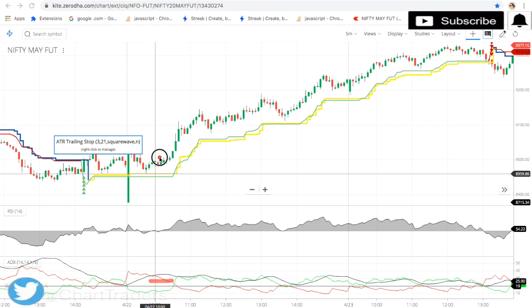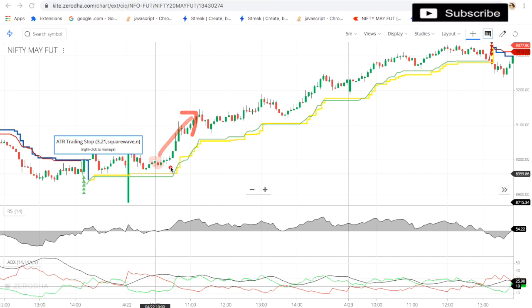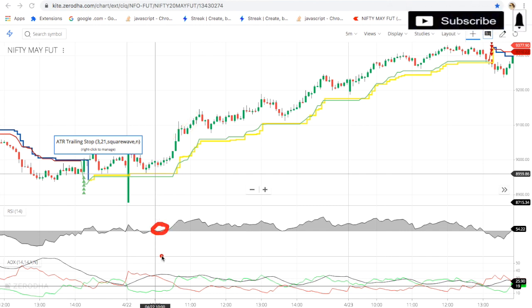So here we are going to buy within this area, and then we have a strong rally. This is our main entry point. When this crossover happens, we are going to buy, and at the same time ADX is higher than 25 and the close is above your ATR and Super Trend. So that is your main entry point.